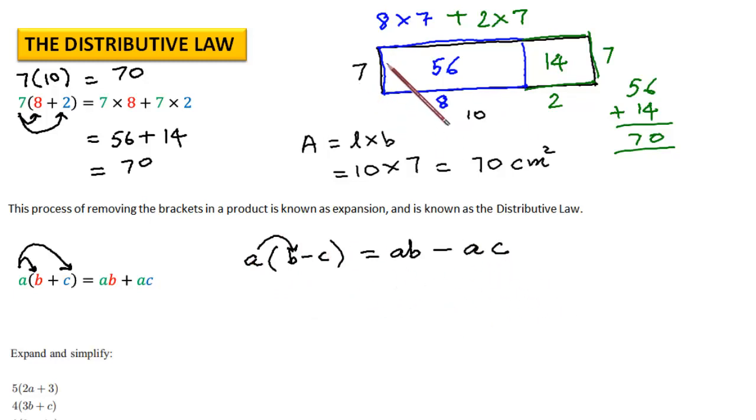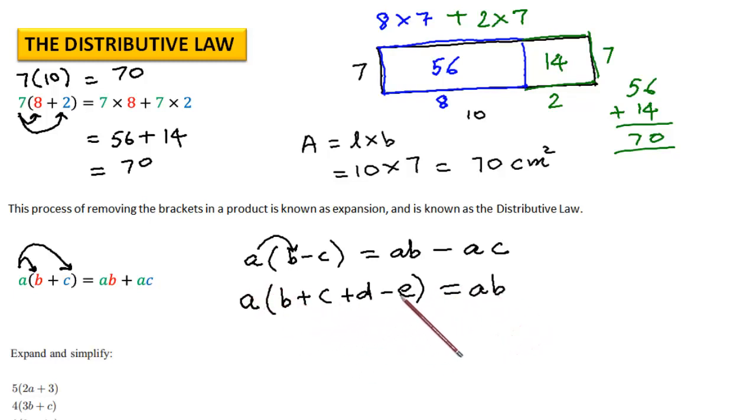But suppose we would have more partitions in the rectangle. Suppose we had 3 or 4 partitions. Then the total area would be the total of the individual areas. So using the same logic and concept, we can say that A bracket open, let's say B plus C plus D minus E would be first A multiplied by B, which is AB.